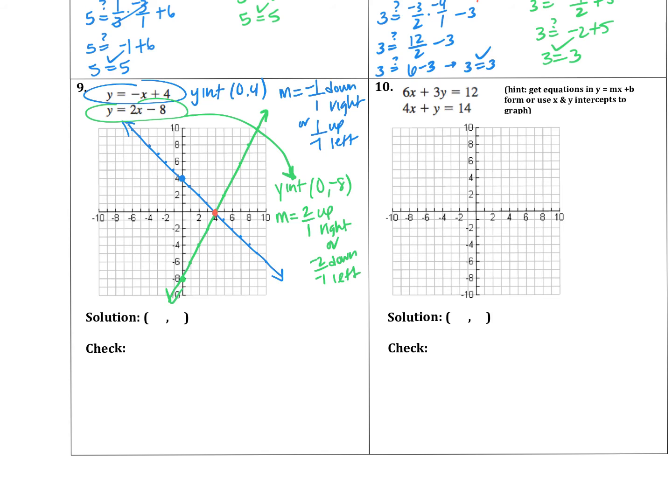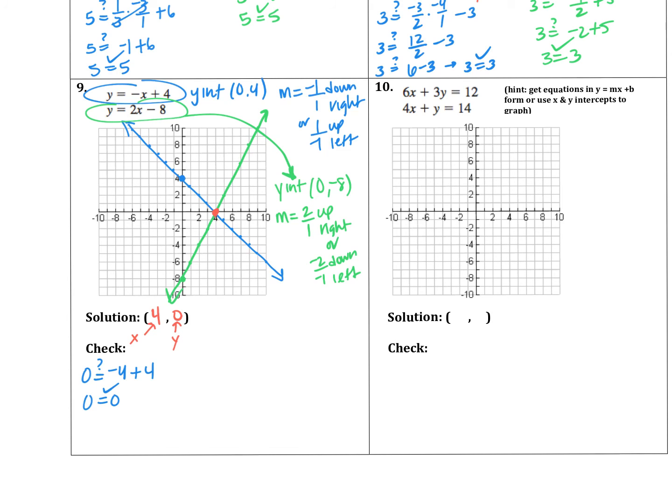I see my solution here. It's at (4, 0). To verify this is correct, I'm going to plug in 4 for x, 0 for y, and check the blue equation first. y, which is 0, equals -x, -4, plus 4.